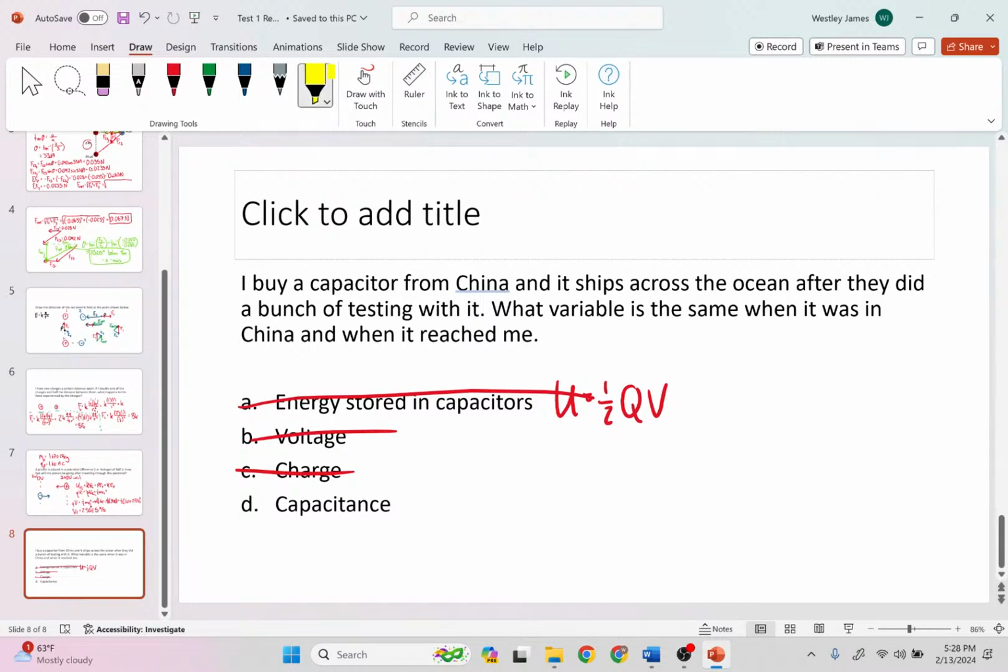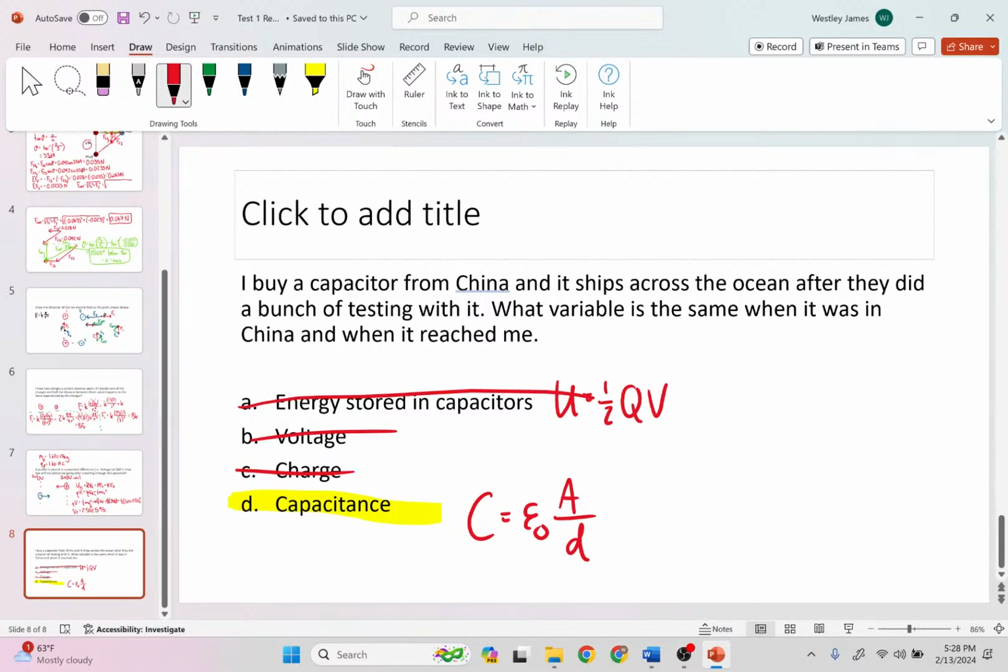So the key punchline here is capacitance. Remember, capacitance is based on its area and the distance between the plates. Assuming the capacitor didn't get destroyed on the way over, this is literally written on the outside of the capacitor: 5 microfarads.